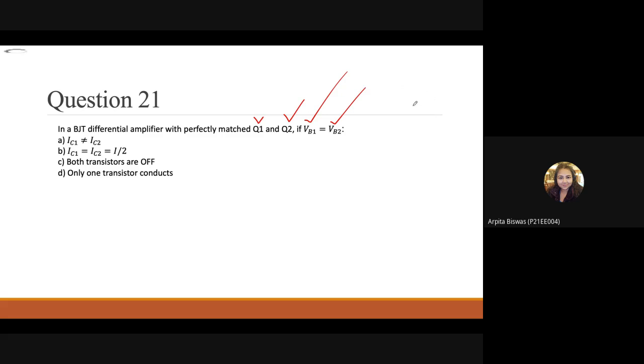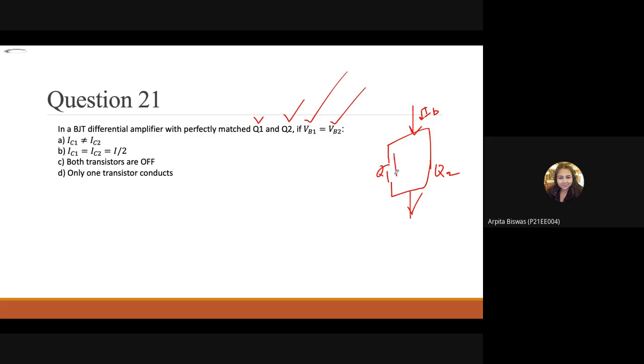If the total current I is flowing, and Q1 and Q2 are present, both are identical, meaning perfectly matched, and also VB1 is equal to VB2, then tell me which condition is satisfied. This Q1 is matched with this Q2, and here the total current I is flowing. Is the same current flowing or different?